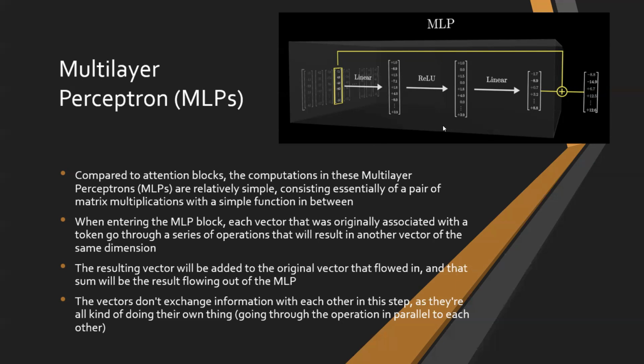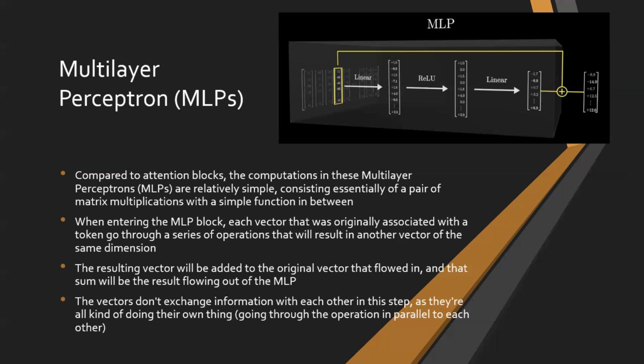As we can see in the image up here, it is very simple in comparison to the attention block. When entering the MLP block, each vector that was originally associated with a token goes through a series of operations that will result in another vector of the same dimension. The resulting vector will be added to the original vector that flowed in, and that sum will be the result flowing out of the MLP.